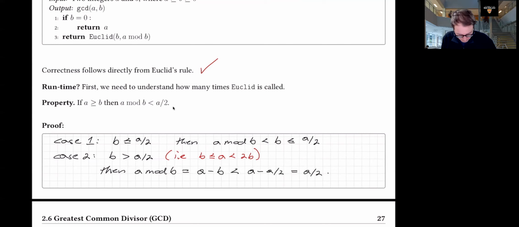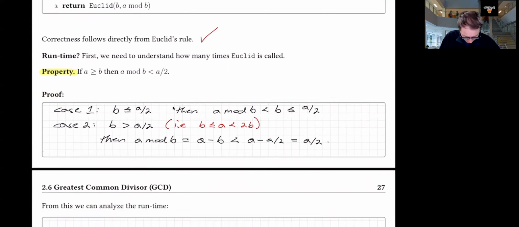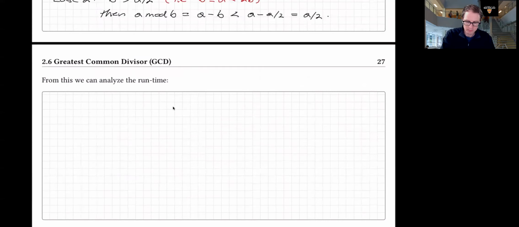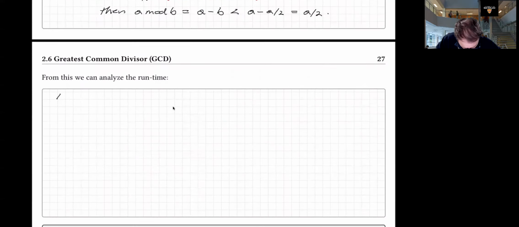So then this gives us the following runtime. I'm going to call Euclid on A, B. What does that do?